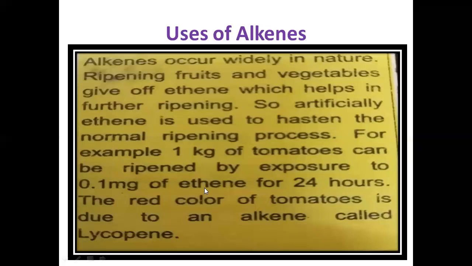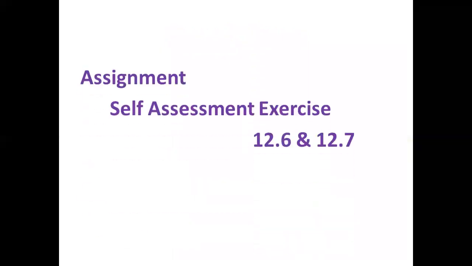In cartons containing vegetables, a small pack of ethene is placed, and that ethene will help in the artificial ripening of those fruits and vegetables. Next, the red color of tomatoes is due to the presence of an alkene called lycopene. Lycopene is present in tomatoes, which gives a red color to tomatoes.